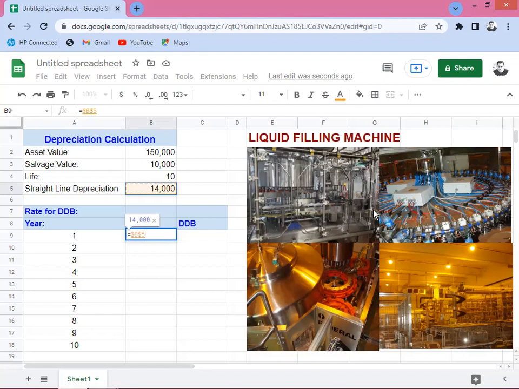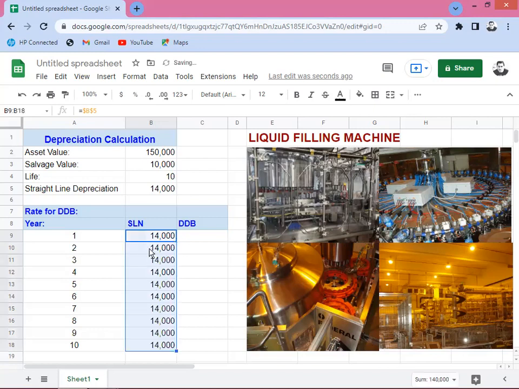So F4 again, then enter. Okay, then I'm going to drag it down to get the rest. So this is a straight line depreciation. From the first year all the way to 10 years, $14,000 depreciation per year.